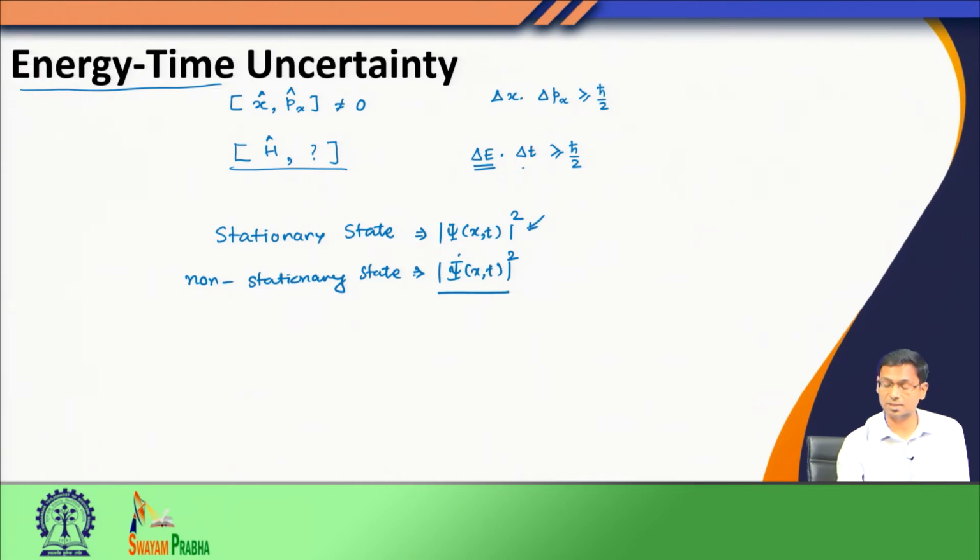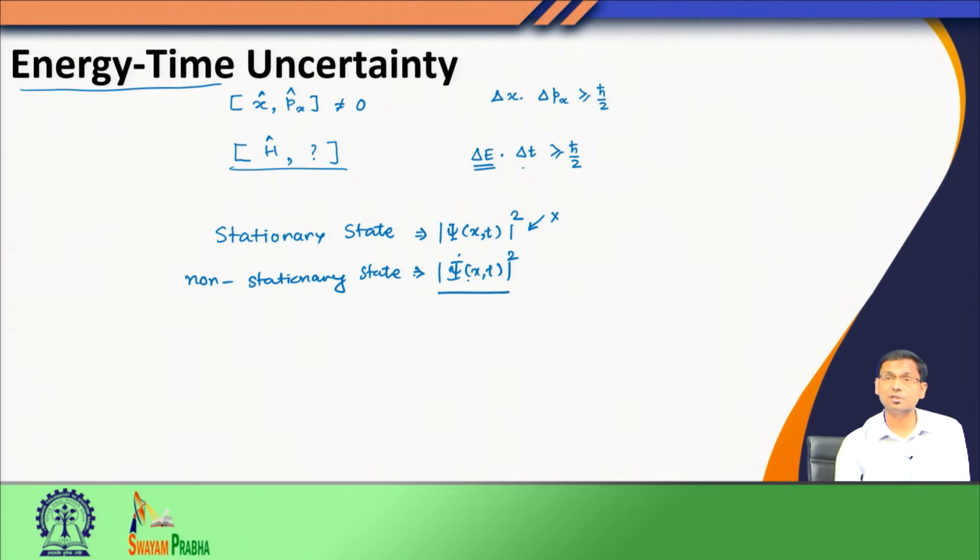Now, where did we get the non-stationary state? We obtained the non-stationary state when the wave function, the state function, is not an eigenfunction of the Hamiltonian.